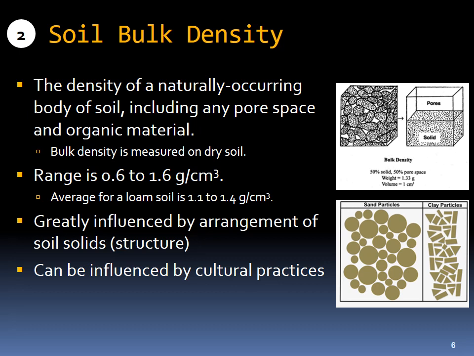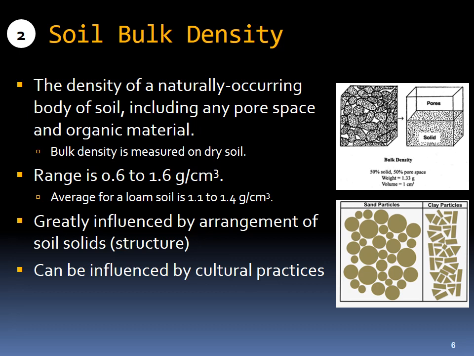Again, we weigh this cube, and we keep in mind that this time we don't have 100% particles, but we are dealing with the whole soil, including its organic matter and the pore spaces. That's why the mass will be much less, and that's why your bulk density will be much less. It's the same thing, mass over volume, but here we should include the pore spaces and the organic matter.